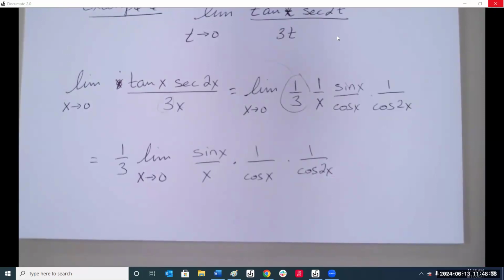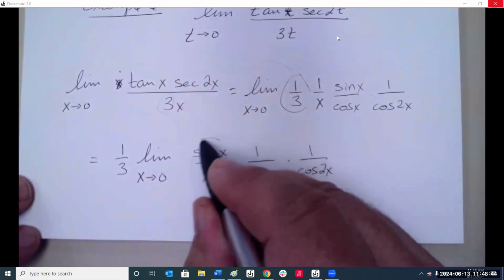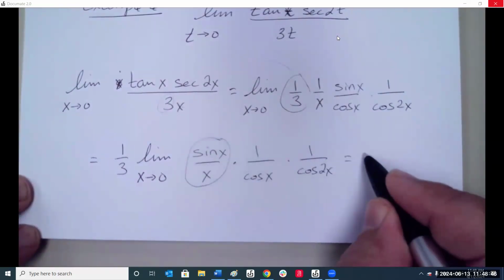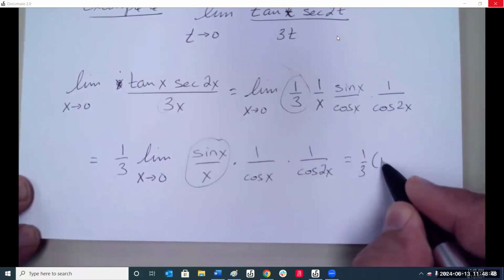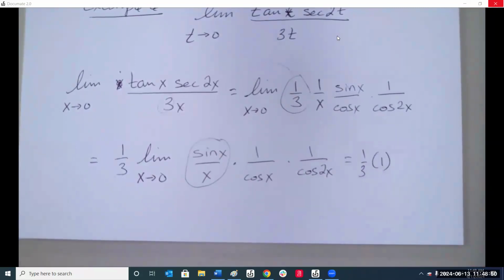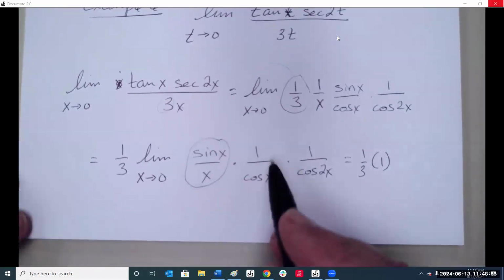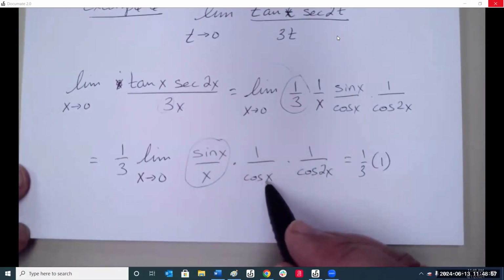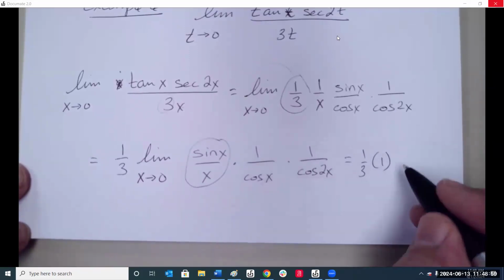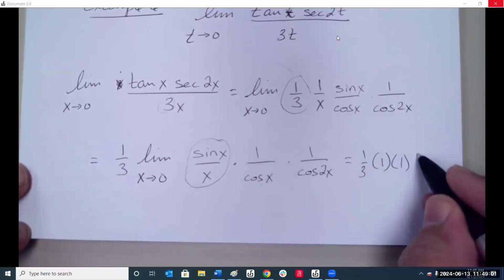Do we have to do anything else? No, now we just plug in 0. Sine x over x becomes 1, which is our theorem. As x goes to 0, sine x over x becomes 1. Cosine at 0 is 1. Cosine at 0 is 1.